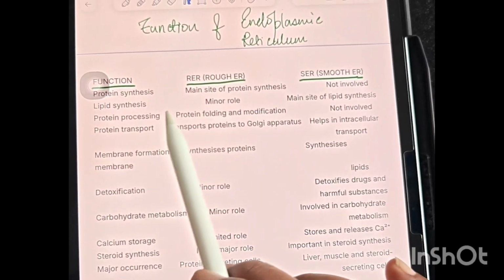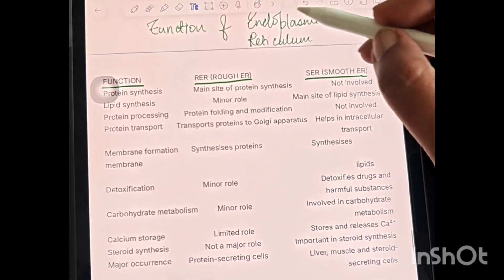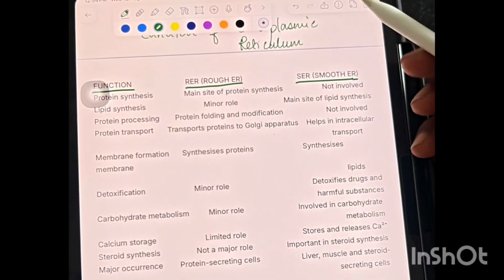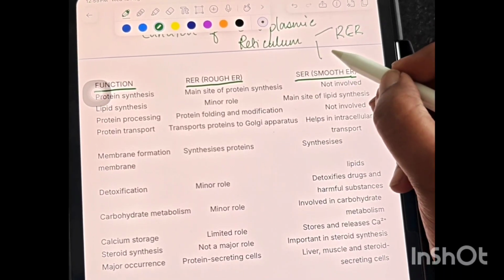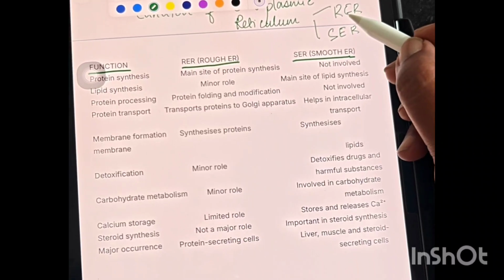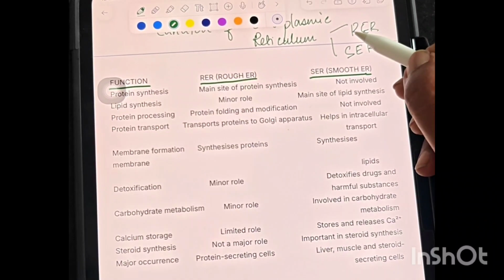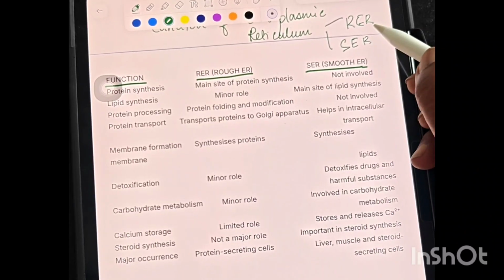Based on the structure, endoplasmic reticulum is of two types: rough endoplasmic reticulum and smooth endoplasmic reticulum. The rough endoplasmic reticulum has ribosomes, that's why the surface is rough and it is called rough endoplasmic reticulum.